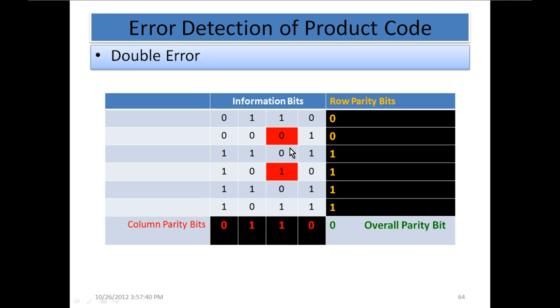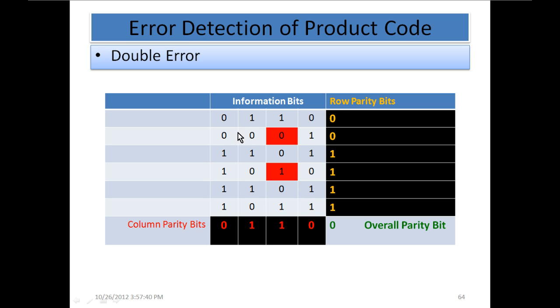As you can see, there are two errors in this 7,6 code. If you count the total number of ones, 1, 2, 3 and 4, the total is 4. So the error is not detected in this code word, and the decoder is deceived, considering it correctly received bits.